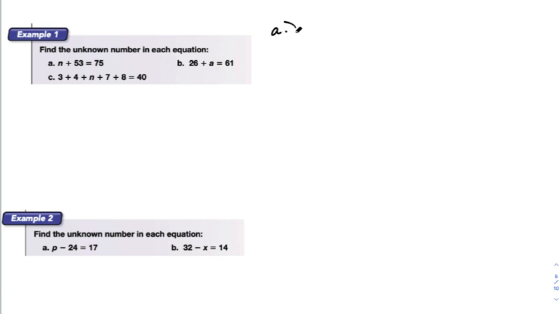Let's look at part A. It said find the unknown number. N plus 53 is equal to 75. Well, if I have this situation and I know some number plus 53 is equal to 75, I can look at this in a different way. If two numbers add together to give me 75, then I know if I take 75 and subtract one of those numbers, I should get the other.